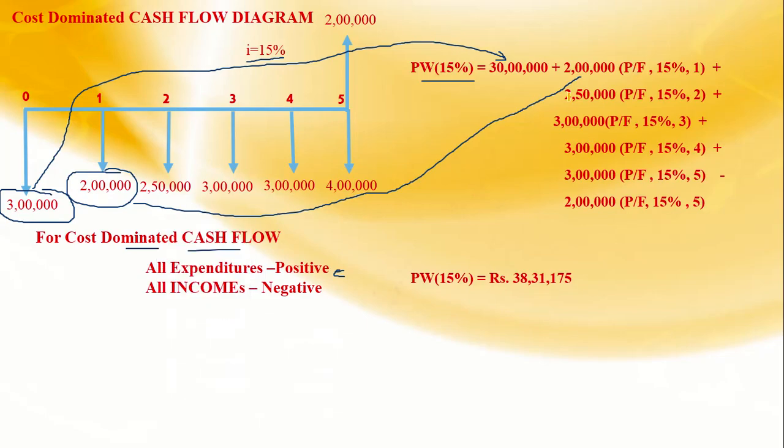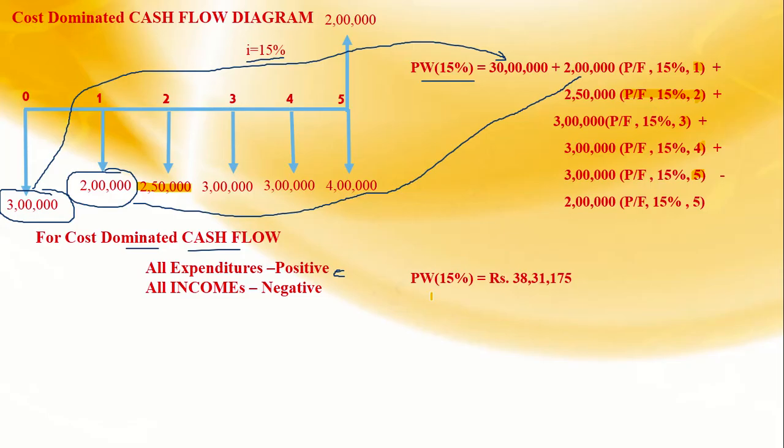Similarly, for second year, this P/F is the present worth with the different installments. 15% is the interest rate and 1 denotes the year: first year, second year, third year. So these are the common notations. 2.5 lakh into P/F, 15%, second year. Similarly for third year, fourth year, fifth year.